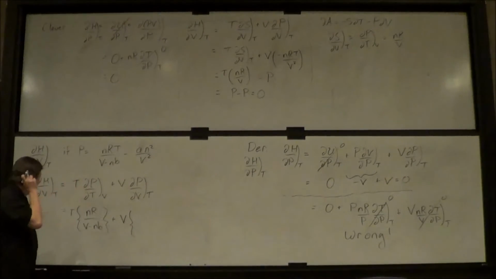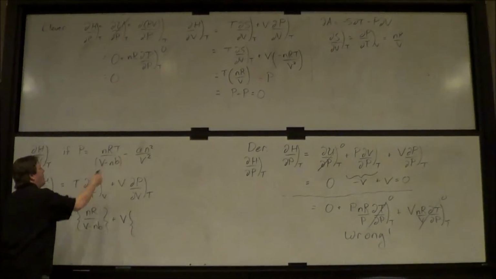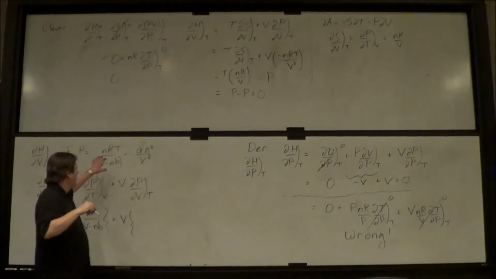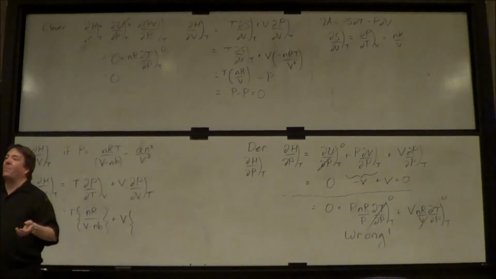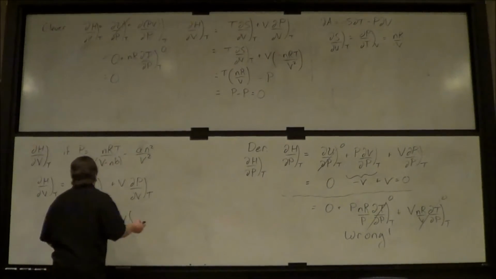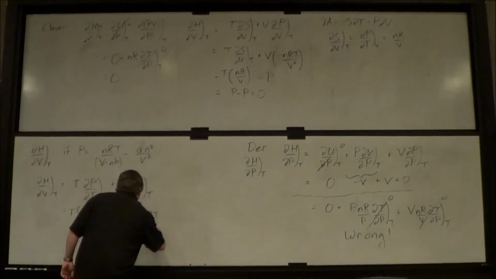Okay, let's do this one. Now, don't forget that this is nRT times (V minus nb) to the minus 1. I always have a much easier time when I'm doing 1 over x if I say it's x to the minus 1. So you take out the minus sign: nRT over (V minus nb) squared.